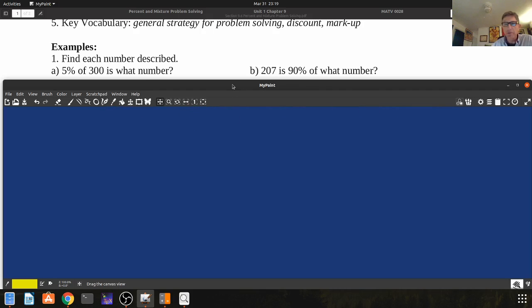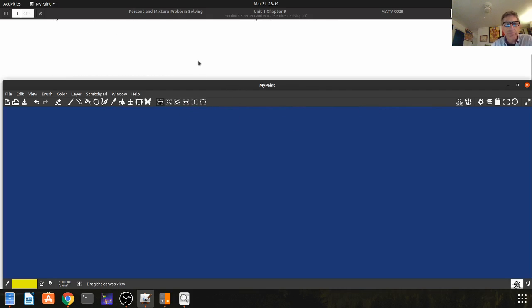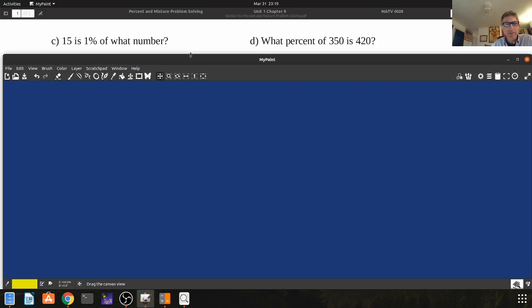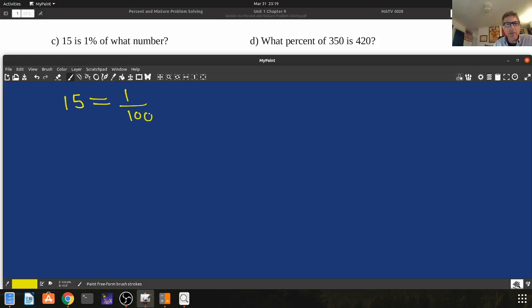Let's go on to another problem. So again, just using the direct translation method, I'm going to give myself a little bit more space. So 15 becomes the equals 1%, that's 1 divided by 100, of what number? My number is x.